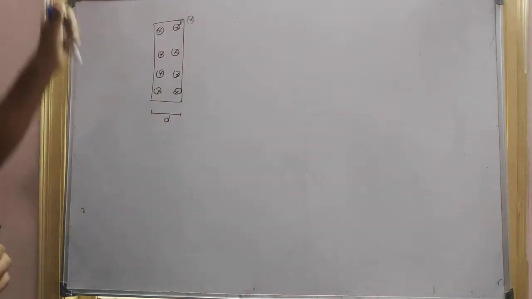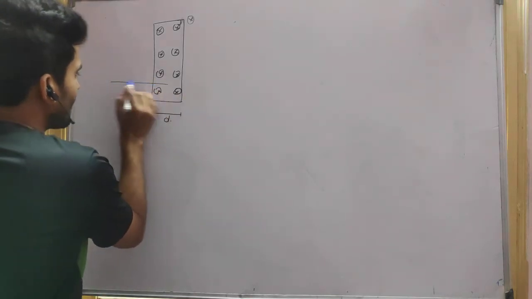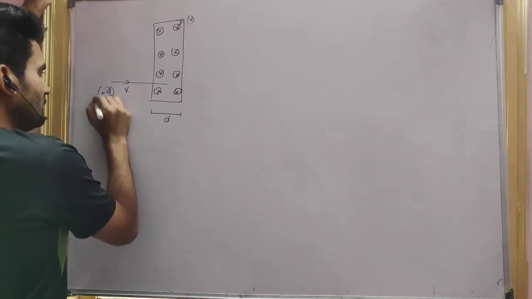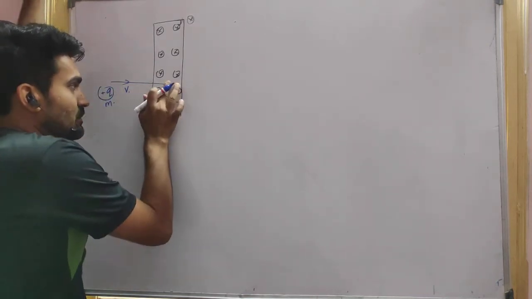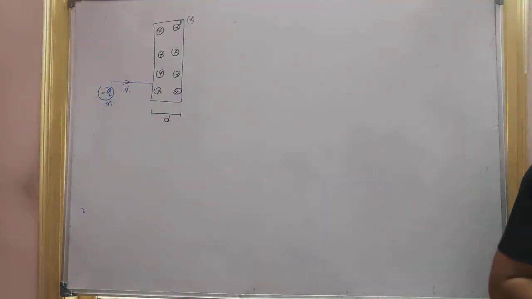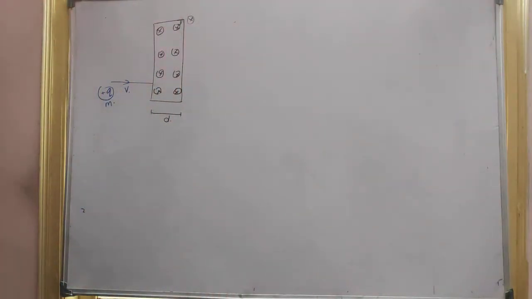Now we send a charge, a positive charge having a mass m, with some velocity v. Tell me, will it be able to create the full circle? I think it will not be able to create the full circle.